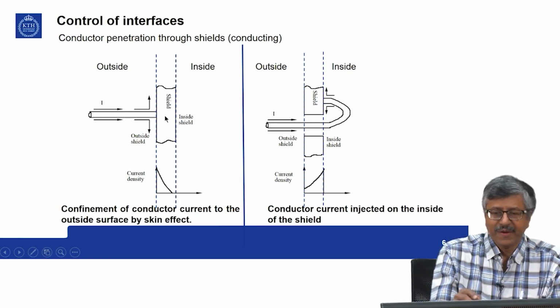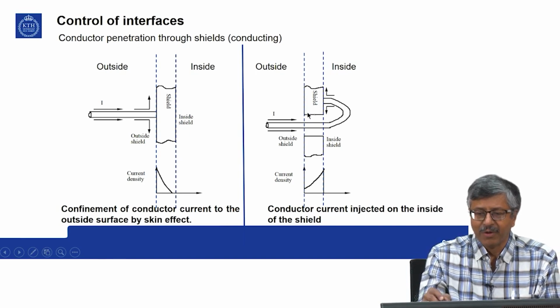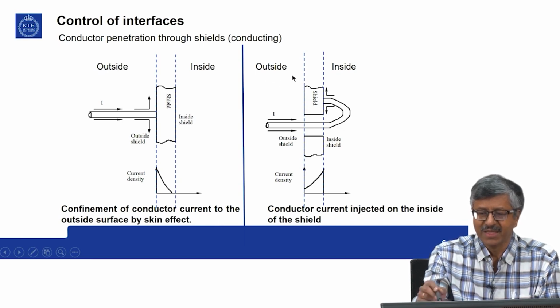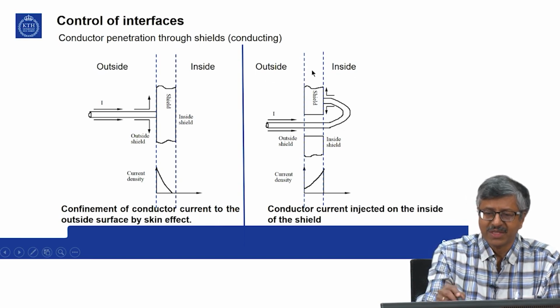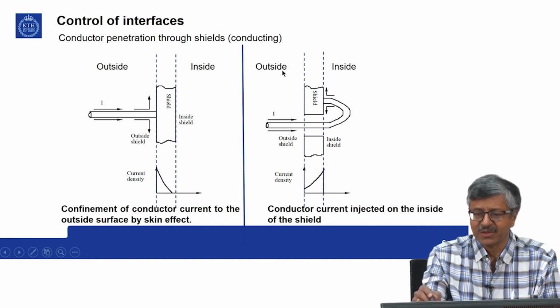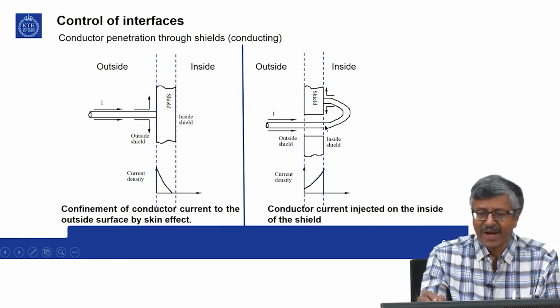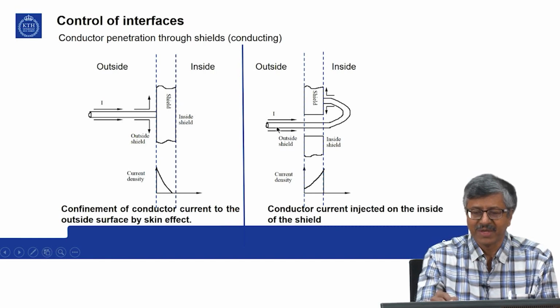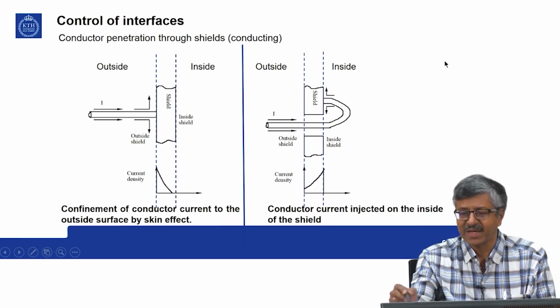But if you have a hole and you are taking a conductor through the hole, this is the outside of the shield and this is the inside. This is one zone and this is another zone. Now you are violating the zoning principle, because you are taking a conductor inside and connecting it here. So, all the currents can come inside this zone boundary and radiate further.